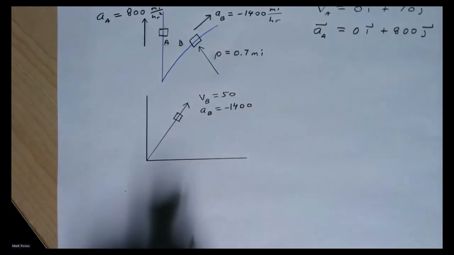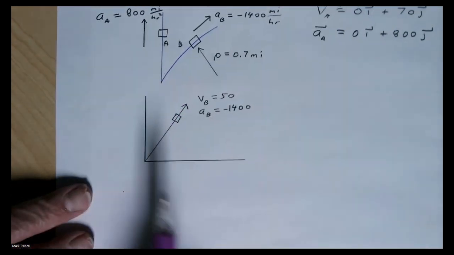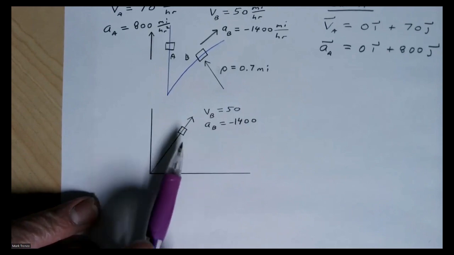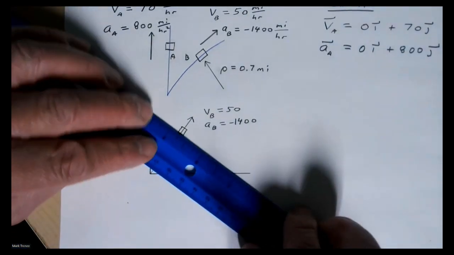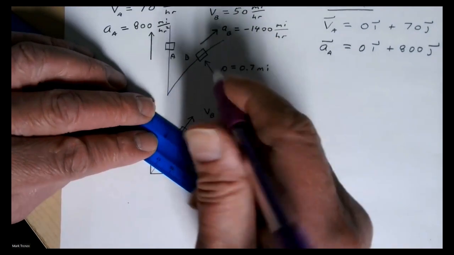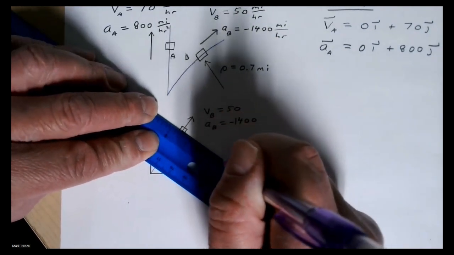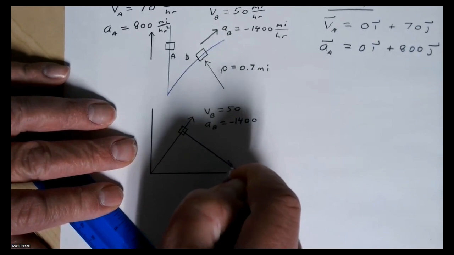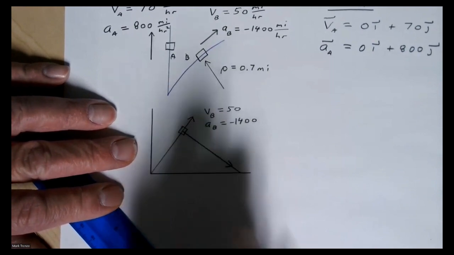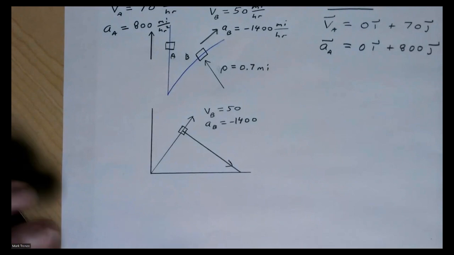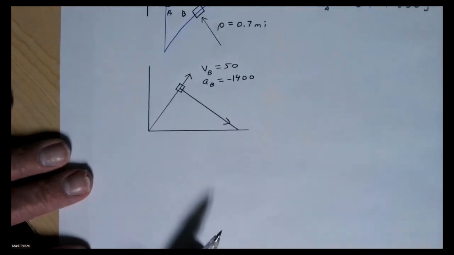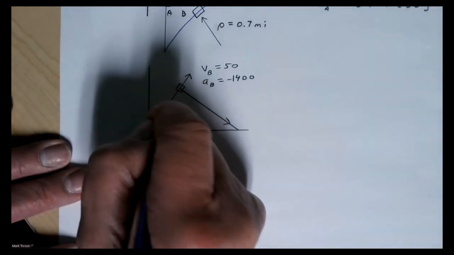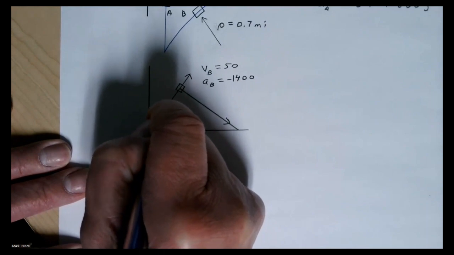And now, because it's going around this curve, there's going to be a normal acceleration, and that normal acceleration is going to go in this direction. And we're told that this is 30 degrees.